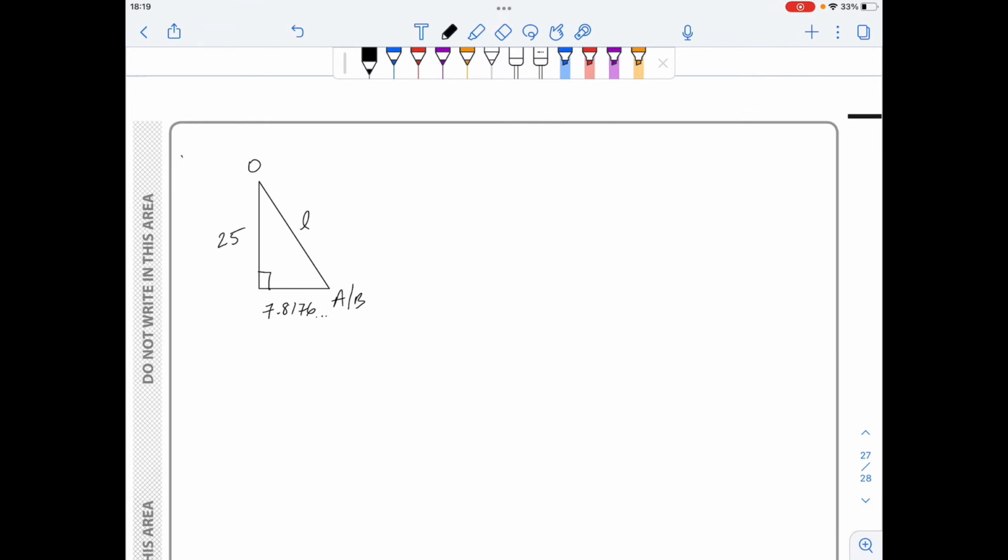So according to Pythagoras theorem, L squared is equal to 25 squared plus 7.8176 and so on squared. Now I'm using full accuracy for this number. So L squared is equal to 686.115 and so on.